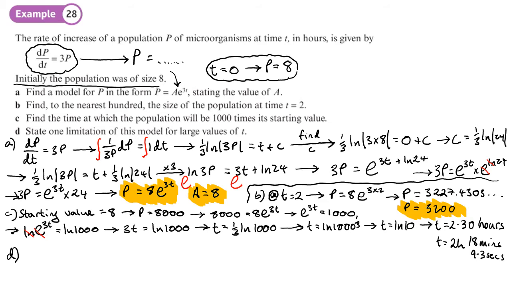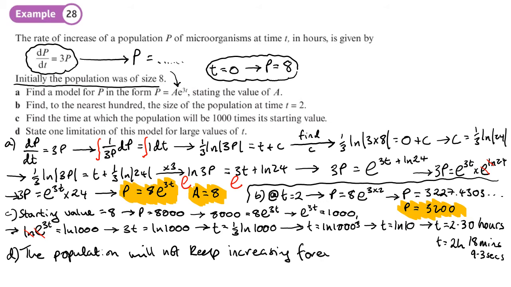So if we wrote something like, the population, specific to this question, the population will not keep increasing forever. Now it's probably only going to be a 1-mark question, so writing something like that would give you the mark.